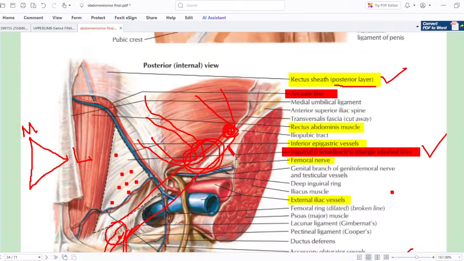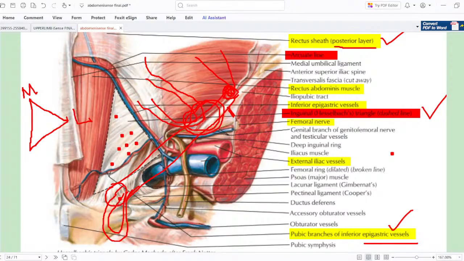Now we come to Hasselbalch triangle. This is a big muscle. This is pubic symphysis. So here we have the muscle. Which muscle is this? External oblique? No, it is the rectus abdominis muscle.